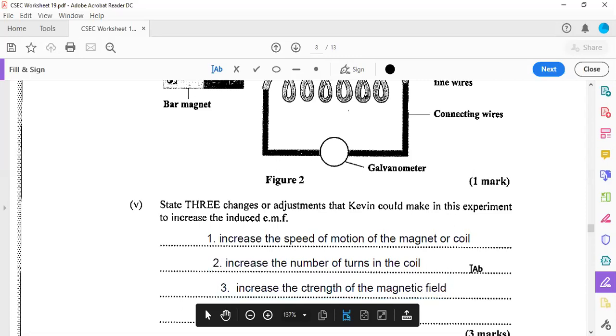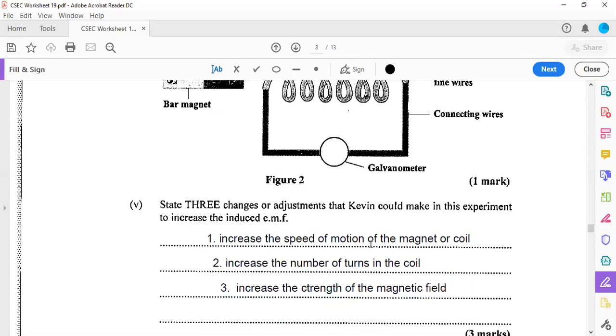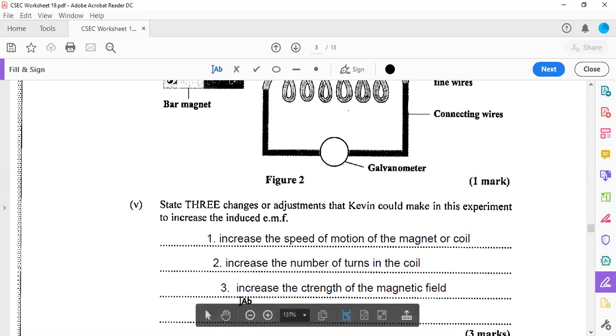Alright, so everybody okay with the three changes that you can make in order to get a bigger EMF? Increase the speed of motion of the magnet or coil, increase the number of turns in the coil, and increase the strength of the magnetic field. Good, nice.